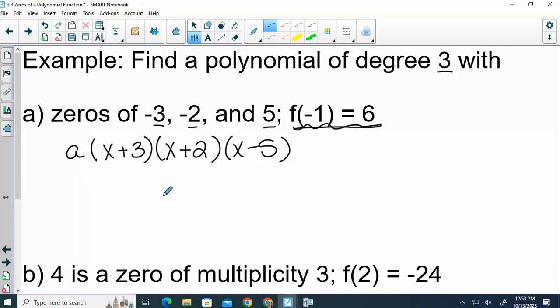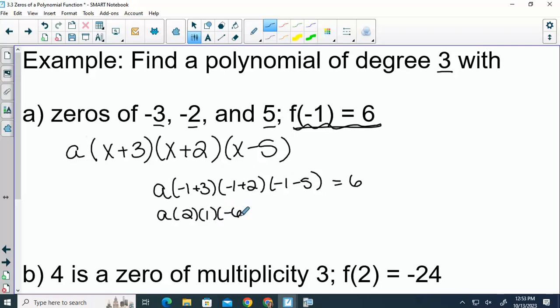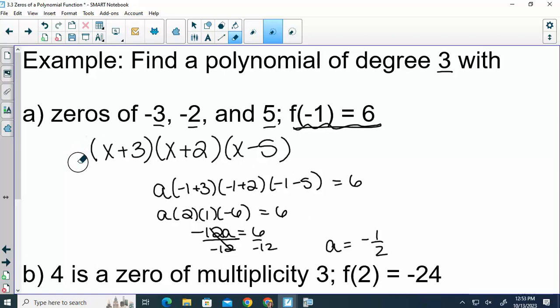If I put in negative 1 for my x's, we get 6 for the answer. So negative 12a is equal to 6. If we divide, a is negative 1/2. So in order for this polynomial to meet all the requirements, we need a coefficient of negative 1/2.